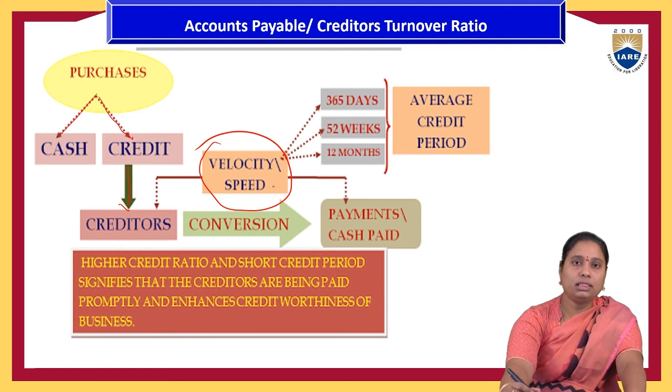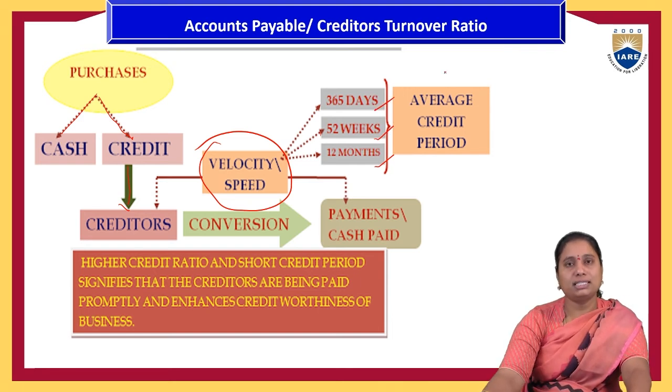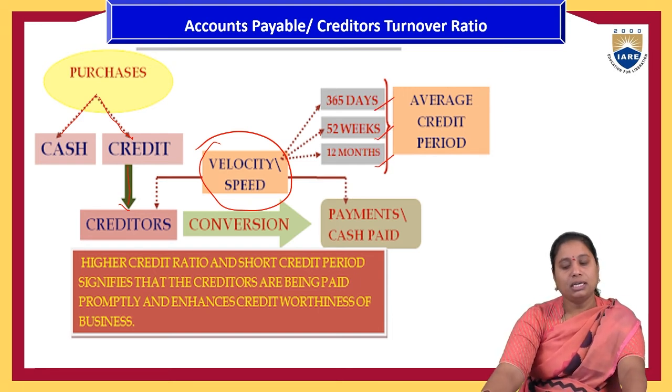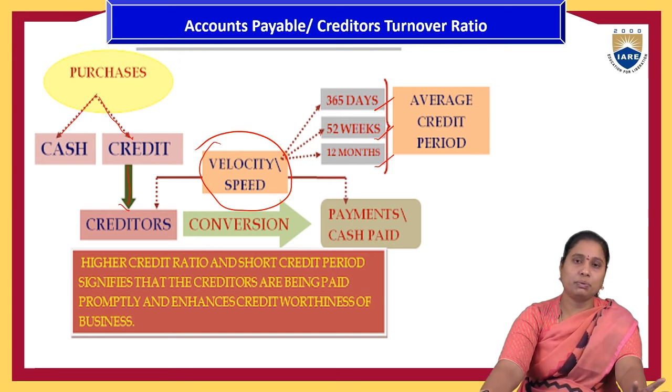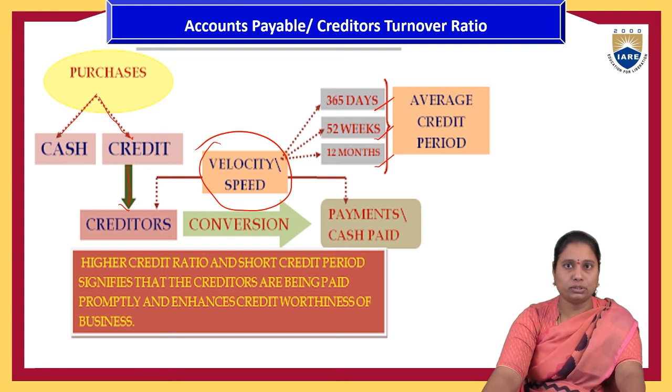The velocity can be estimated in terms of months, weeks or days. That is the average credit period. For this conversion, are they taking more months, or we can measure in terms of weeks, or in terms of days also. Let us say 6 months, 2 weeks, 3 days. So like this we can measure.